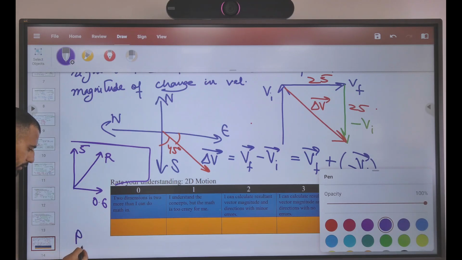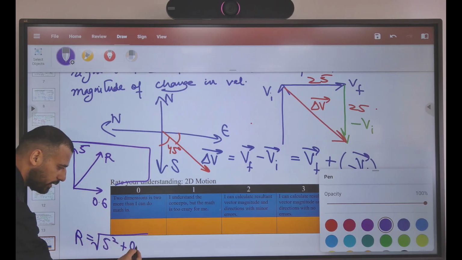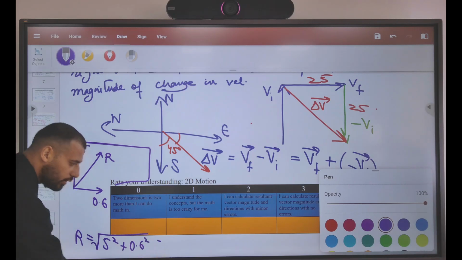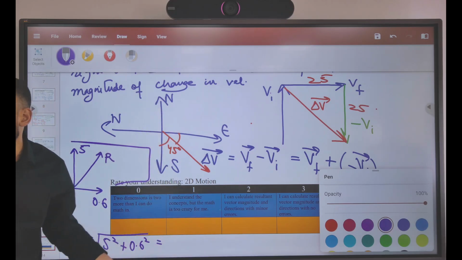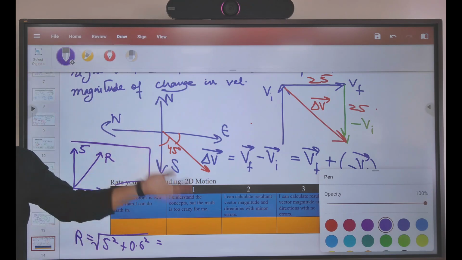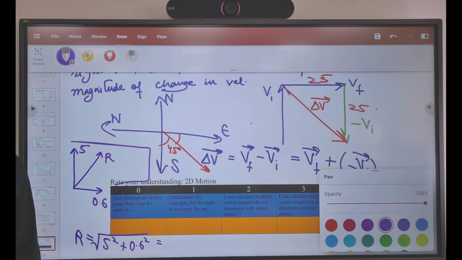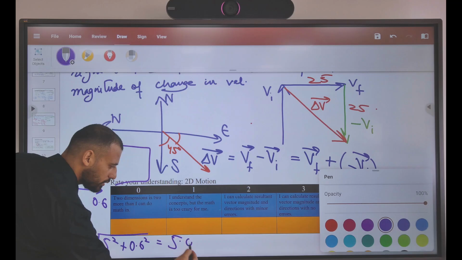Resultant would be square root of 5 square plus 0.6 square, plus twice AB cos of again 90. We don't have to do that. See what is the beauty of this resolution. Angle is always 90, so you don't need to take third term. 5.03. You found the resultant.